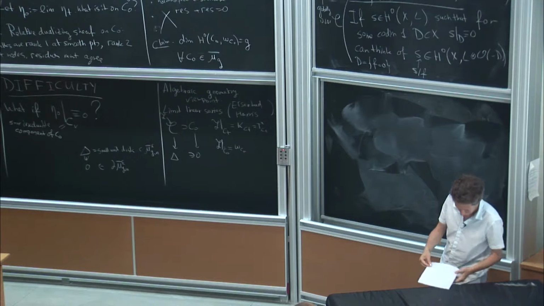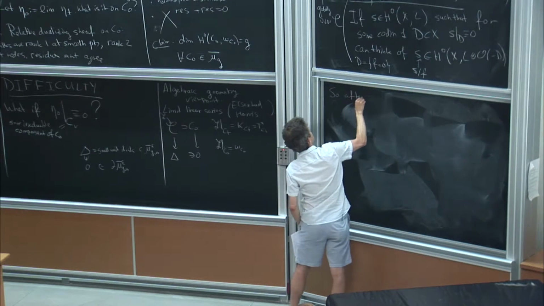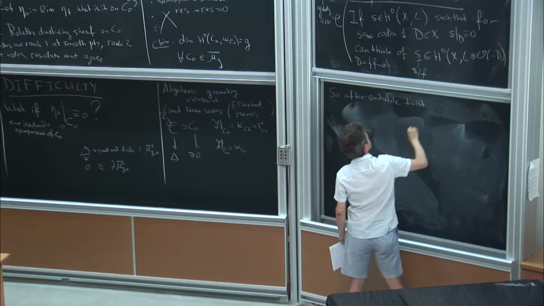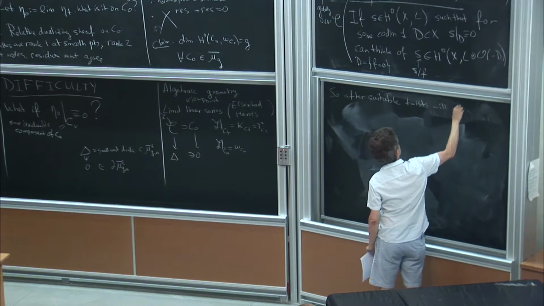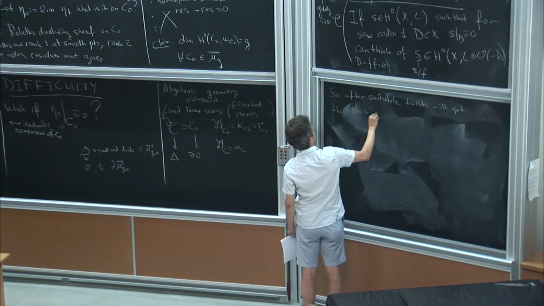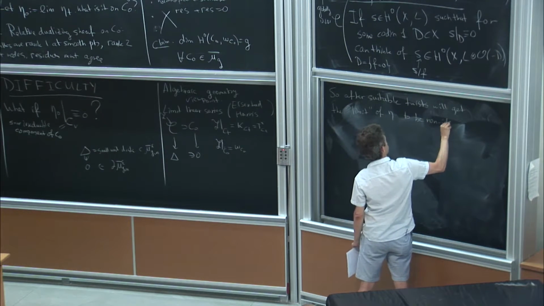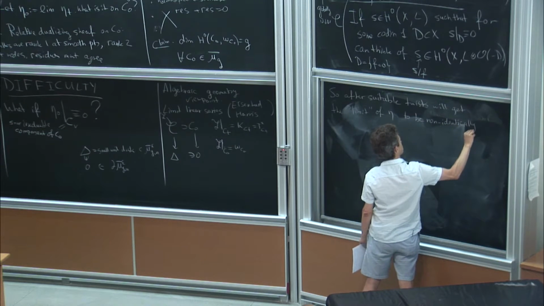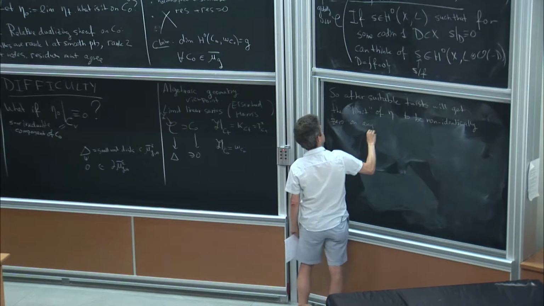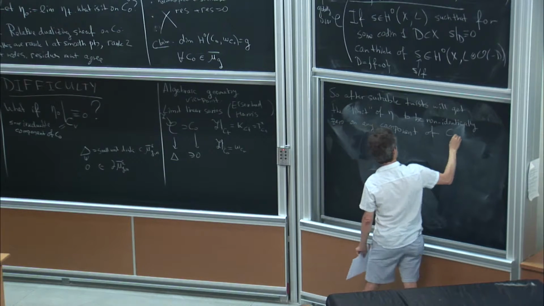You have to work much harder. So after suitable twists, we'll get the limit of eta to be non-identically 0 on any component of C0.